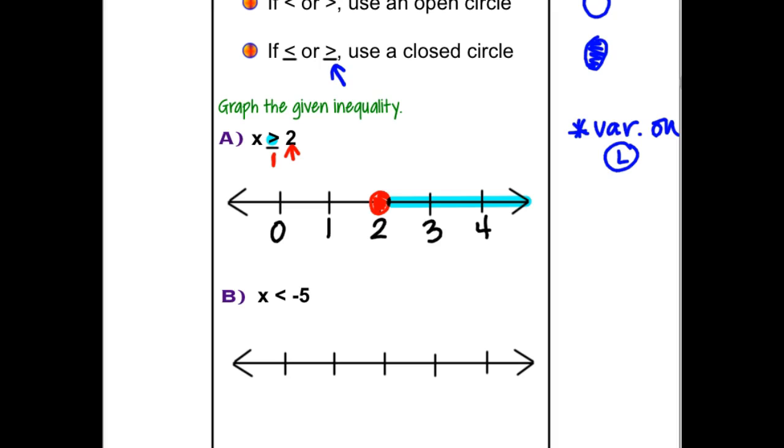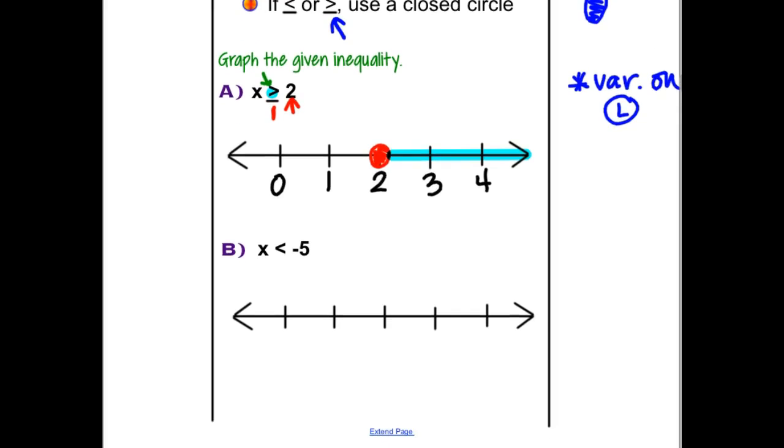The other piece I want to mention, like I said, if you have the variable on the right, that's when it's going to actually be the opposite. I like to look at this as being an arrowhead where it points the direction you need to shade. So thinking in that term, looking at the next one, we've got x is less than negative 5. So I'm going to put my negative 5 here.